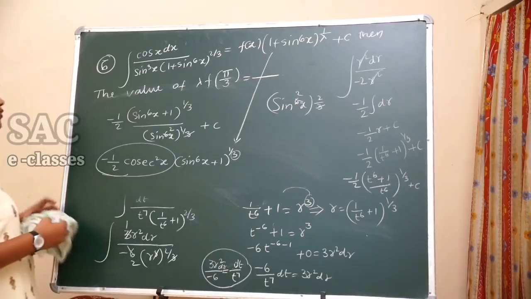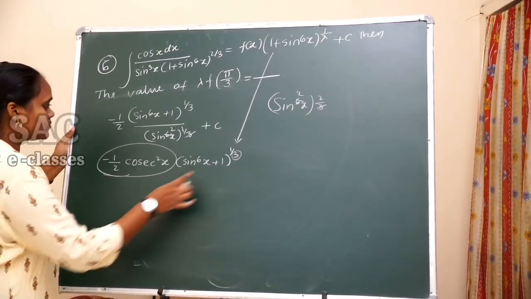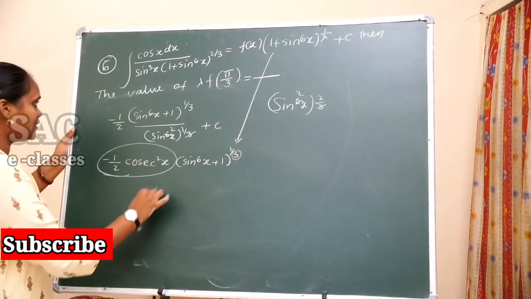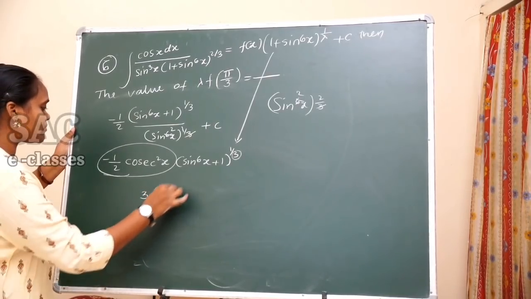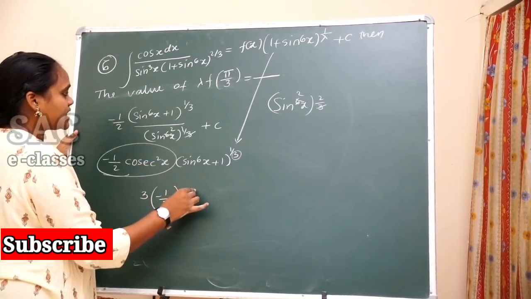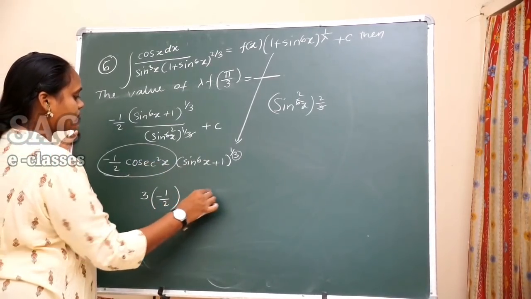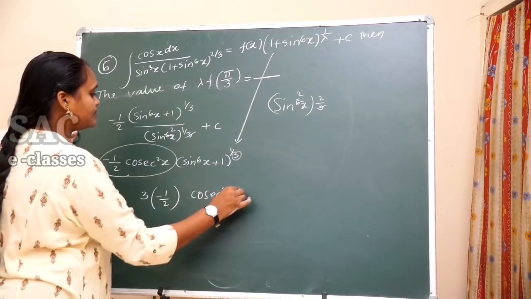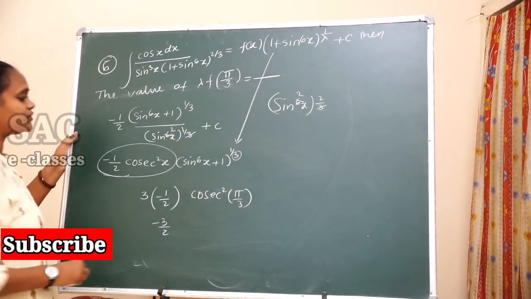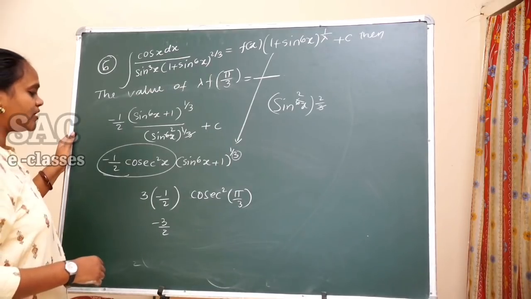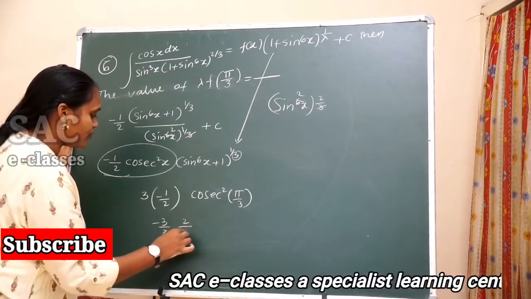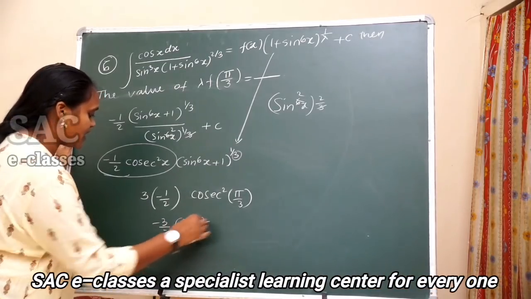Right. Then lambda means 3 into minus 1 by 2 into cosecant square of pi by 3. So minus 3 by 2 into cosecant pi by 3 value, anyhow you know that value is 2 by root 3 whole square, they have given.